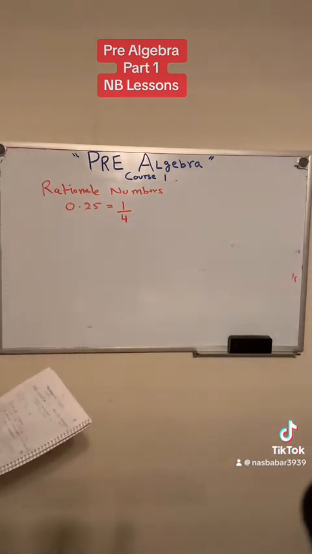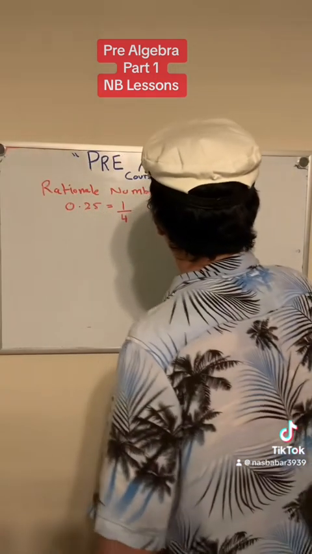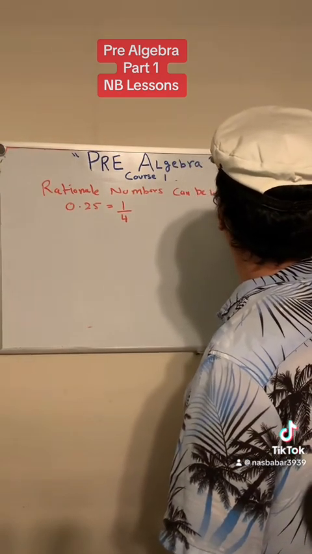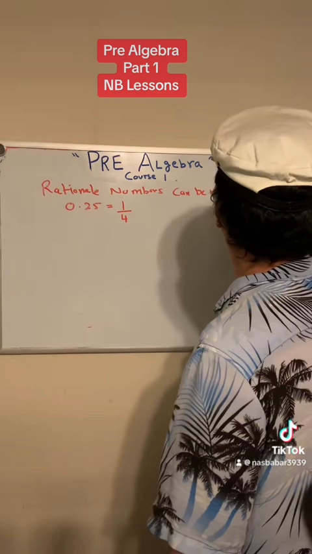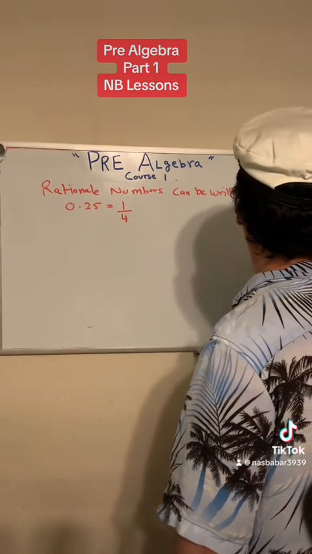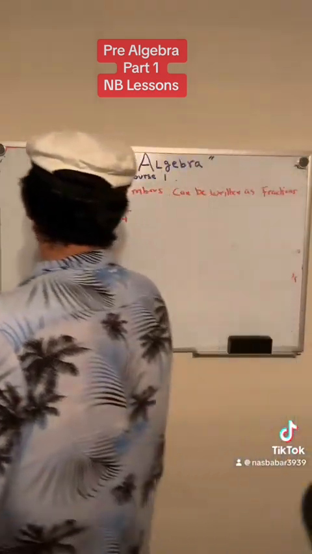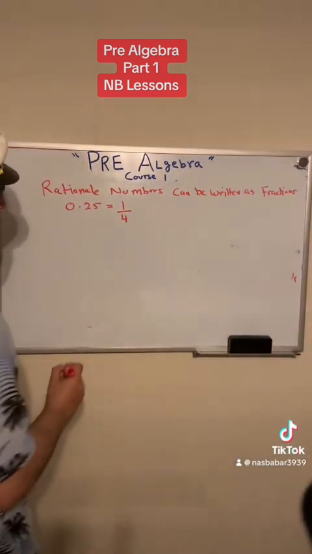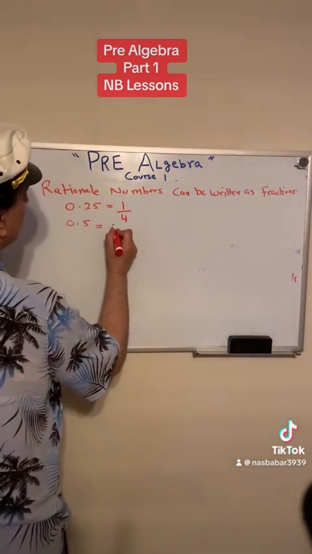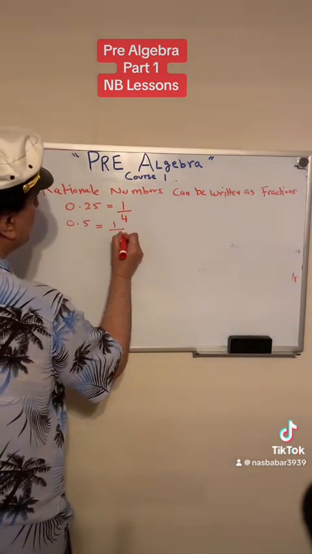So rational numbers can be written as fractions. 0.25, yes, it is a fraction. 0.5, yes, it's 1/2.